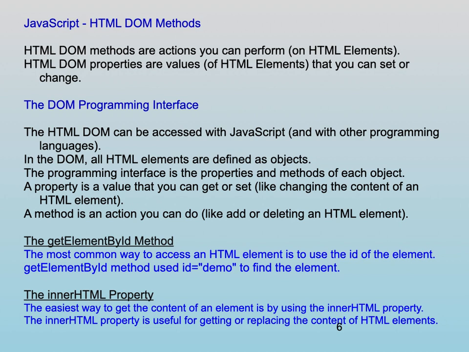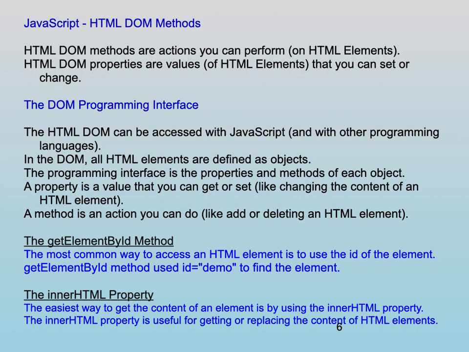We will see the getElementById method and the innerHTML property, which will give more clarity to HTML DOM methods and HTML DOM properties. The getElementById method. The most common way to access an HTML element is to use the ID of the element. getElementById is the method name, and almost all the examples in our slide use id equal to demo, the ID value given as demo to find the element.